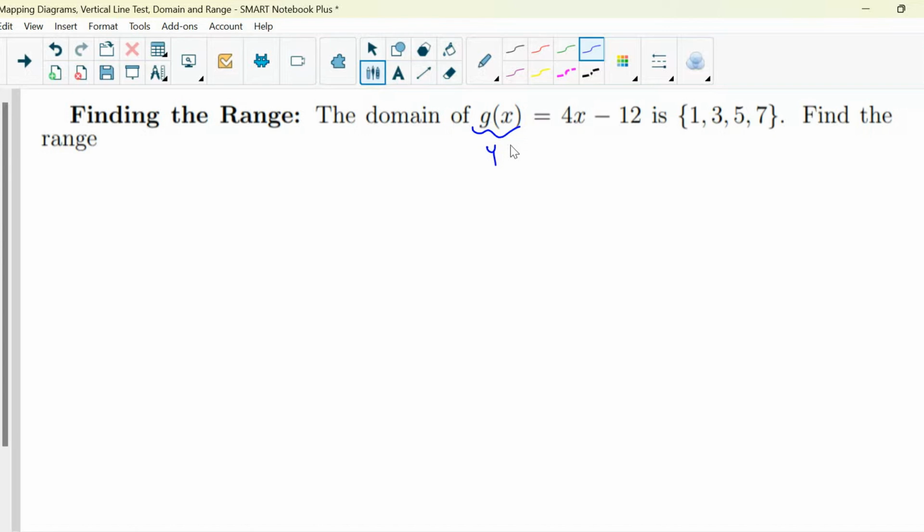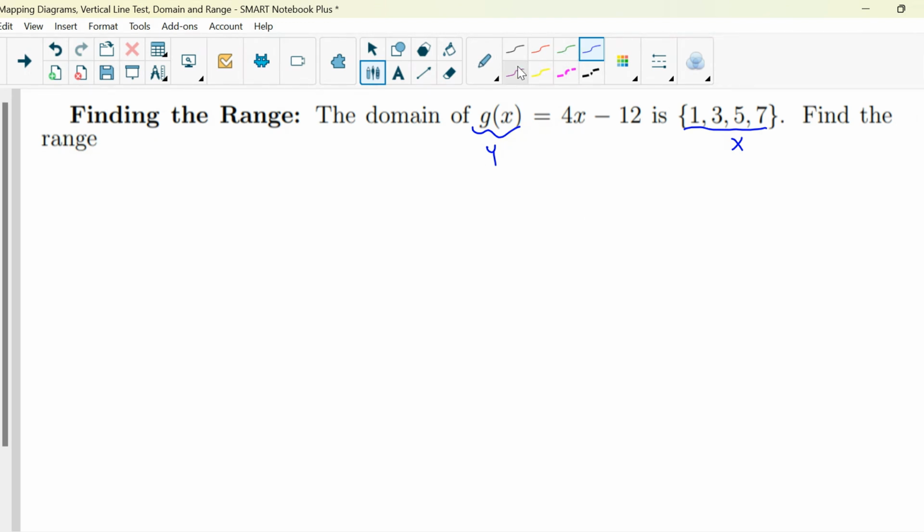So the domain of g of x, which is 4x minus 12, is 1, 3, 5, and 7. So they're saying those are your possible inputs to the function. Find the range.